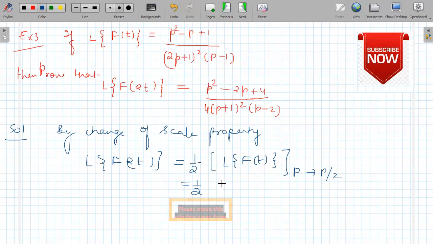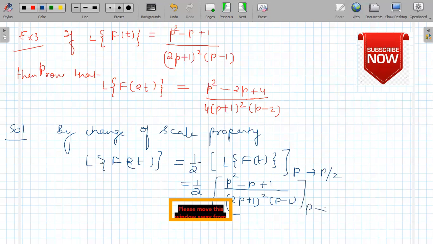Laplace of f(t) is given to us in the question. It is a very simple problem. We just have to replace p everywhere by p upon 2 and then simplify.